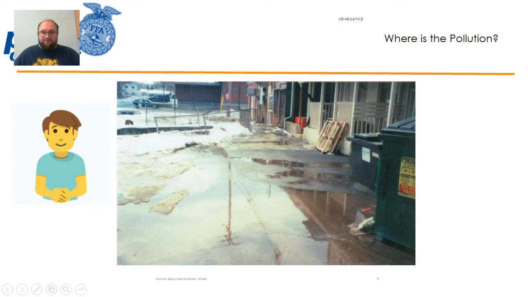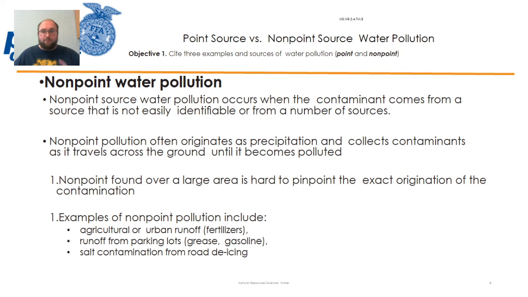So that's right, guys. Pollutants that come from a source that is not easily identifiable or come from multiple sources is called non-point source pollution. Non-point source pollution is when the contaminant comes from a source that is not easily identifiable, or it comes from multiple places.